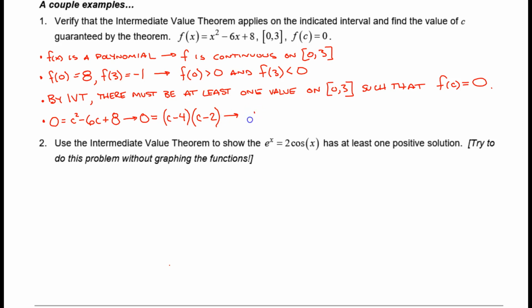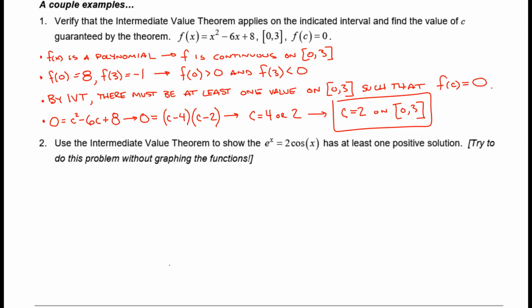So that gives us values of c equals 4 or 2. Well, guess what? We're not asked for both of those. We're only asked for the value on the interval from 0 to 3, so we're only going to report the value of 2. Okay, that's an example of using the intermediate value theorem.